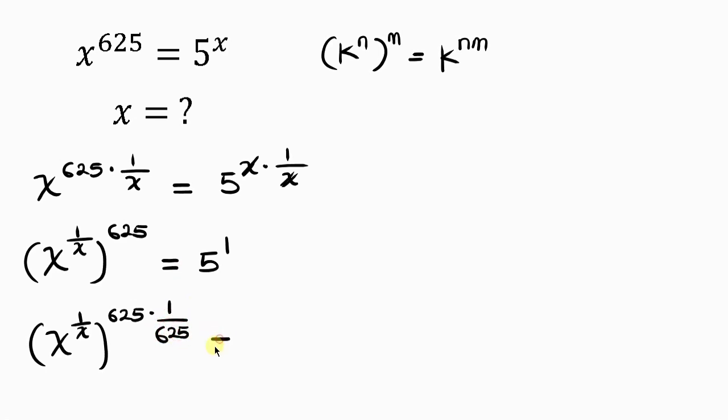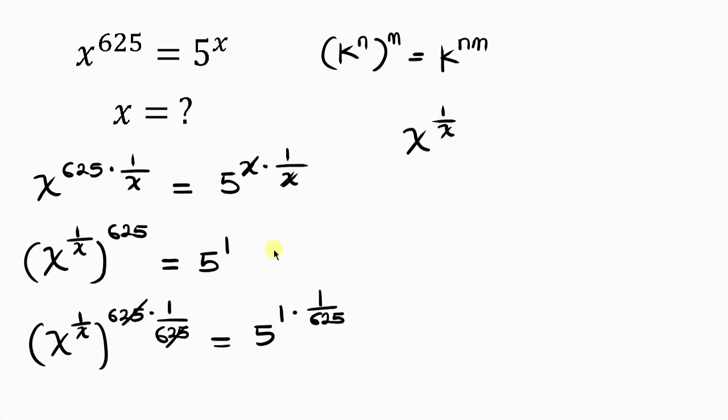This is equal to, now on the right, I have 5 to the 1. I'll also multiply this by 1 all over 625. Now notice that 625 can cancel out from the left, leaving behind x to the 1 all over x.